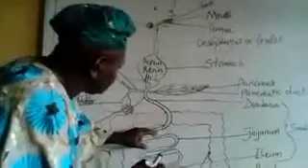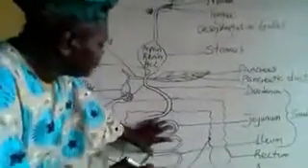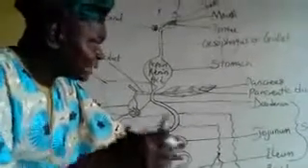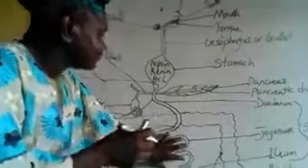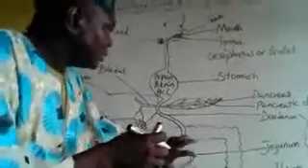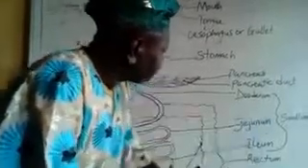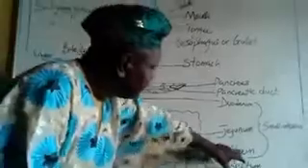It will now move downwards to where we have the small intestine. Just like I told you, the small intestine comprises the duodenum, jejunum, and ileum. Three of them are referred to as the small intestine.